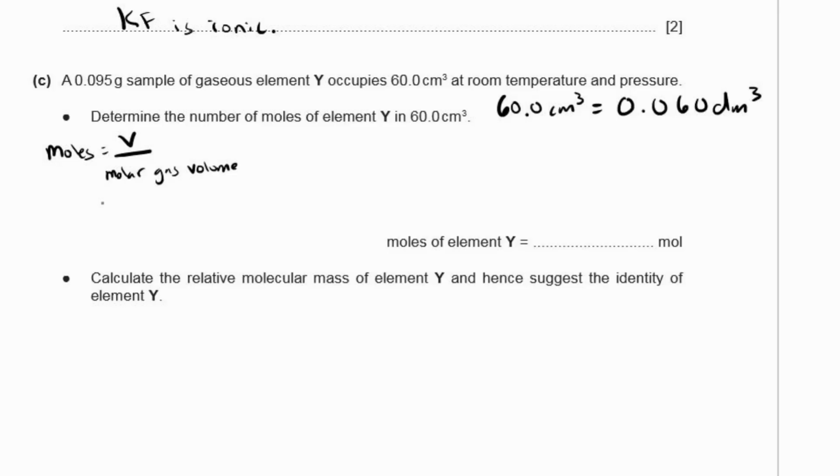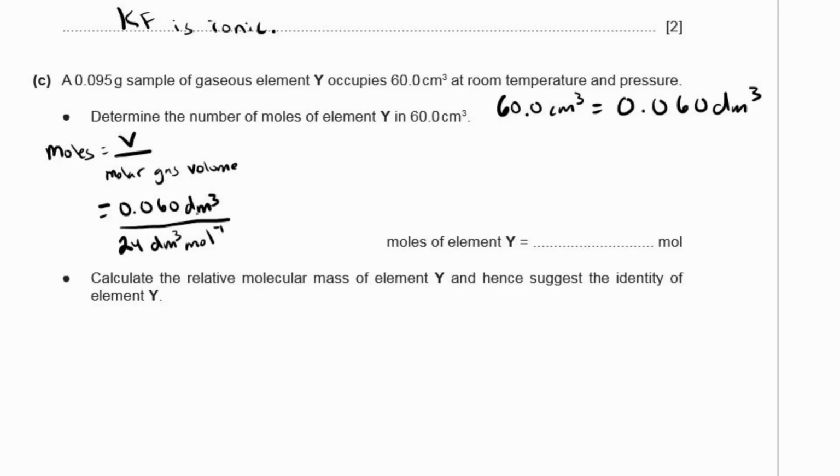So we can put that into our formula. So 0.060 decimeters cubed divided by the molar gas volume. And the molar gas volume at room temperature and pressure is 24 decimeters cubed per mole. All right.